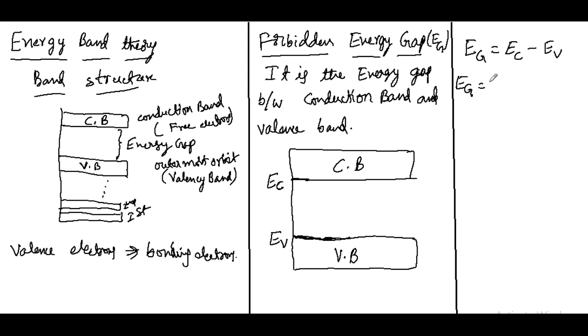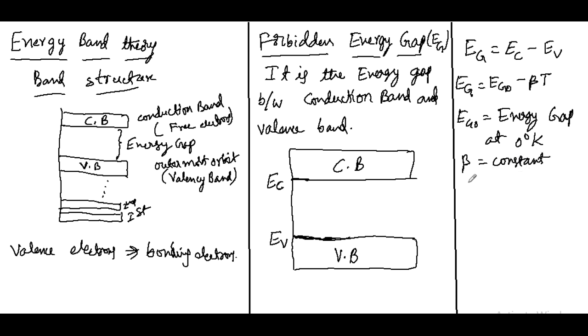Eg is equal to Eg naught minus beta into T. Here Eg naught is the energy gap at absolute temperature, that is, the energy gap at 0 degrees Kelvin. Beta is a constant that depends on the type of the atom, and T is the temperature in kelvins.